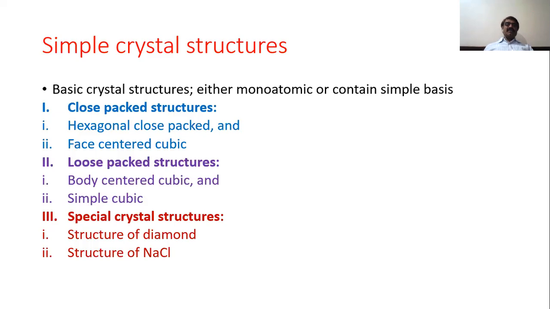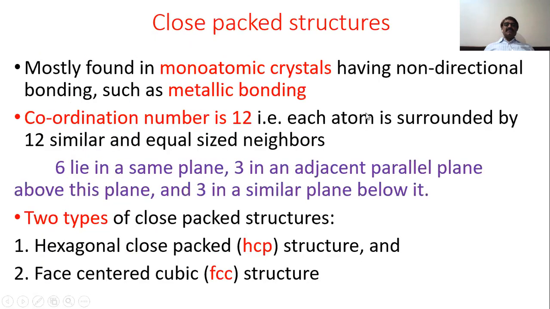So in all: close packed structures, loose packed structures, and two special structures. You can remember that simple crystal structures are the basic crystal structures which have either monoatomic or simple basis. First of all, in today's lecture, we will deal with the close packed structures in detail.